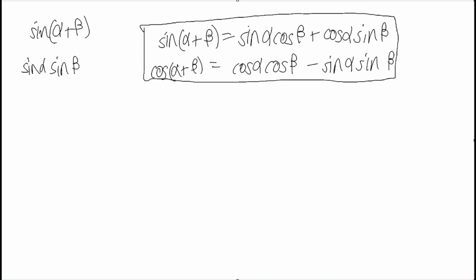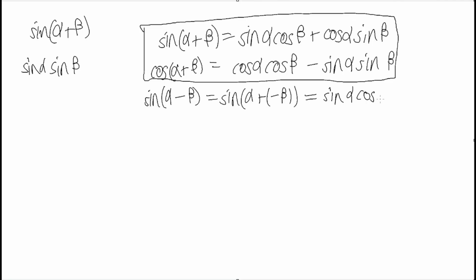And the subtraction formulas follow immediately from this, because sine of alpha minus beta is equal to sine of alpha plus negative beta. And that's equal to sine alpha cosine negative beta, which is cosine beta, minus cosine alpha sine beta, because sine negative beta equals negative sine beta.